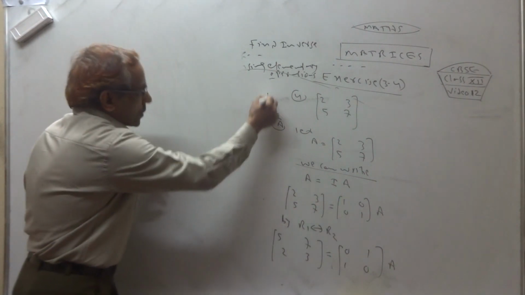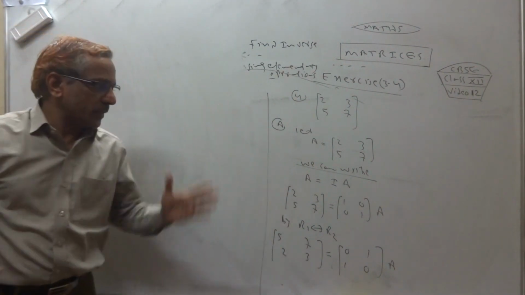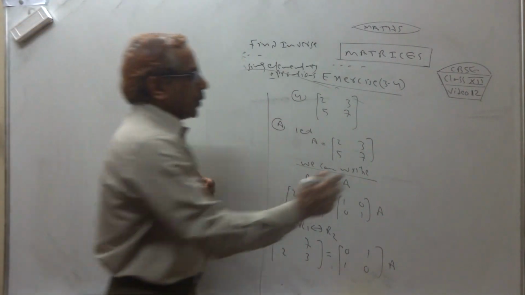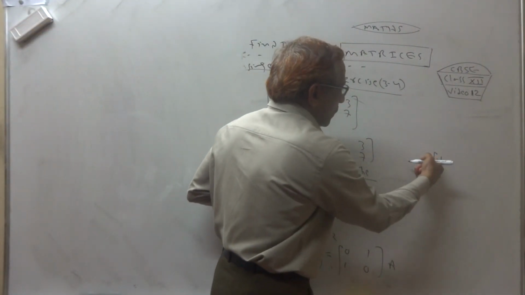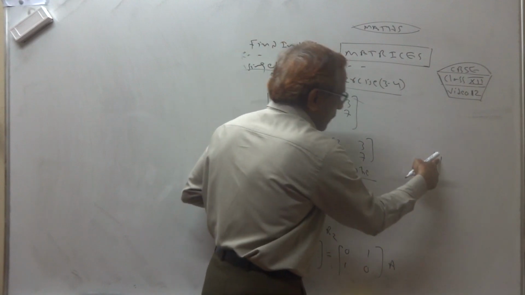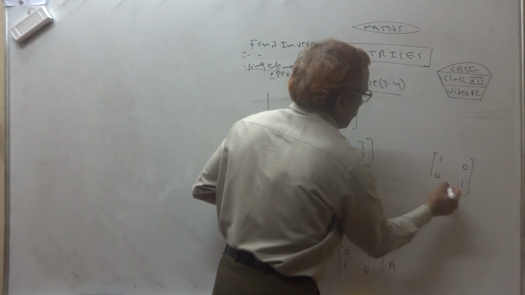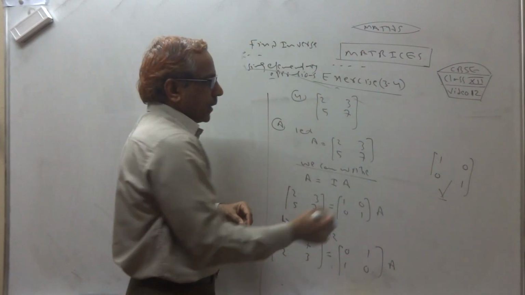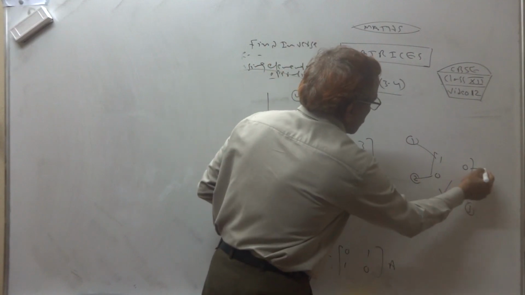So one question can be done by 10 students in 10 ways. But the thing is what? You always follow, you always try to make first 1. You make anyway 1, but you make 1, then 0, then make 1, then 0. That way. Okay? First step, second step, third step, fourth step.